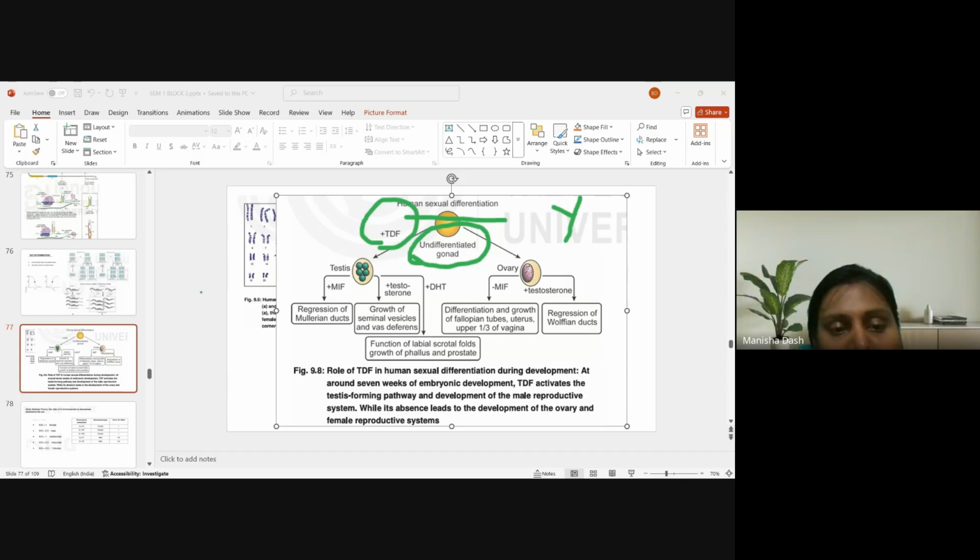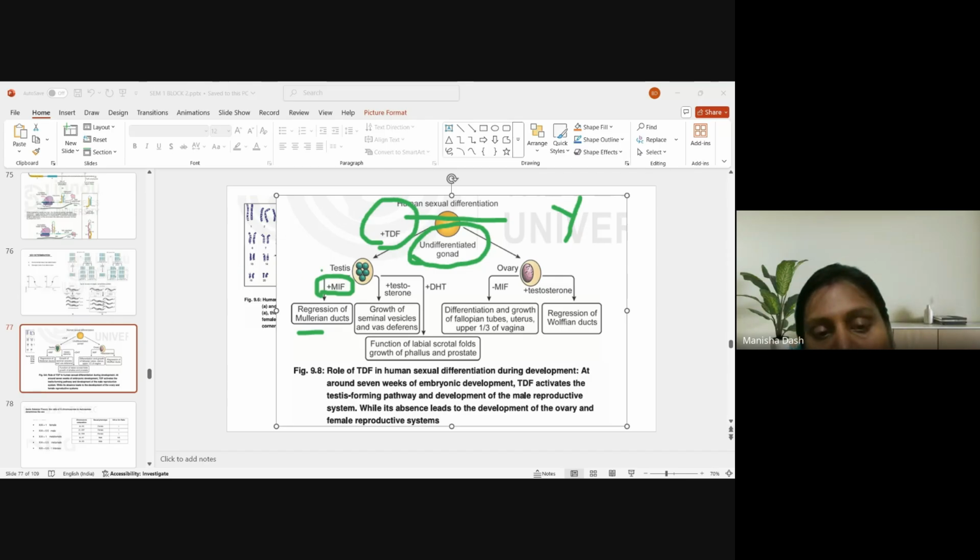As the testis develops, it releases testosterone that will develop the male reproductive organs, and it also releases Mullerian inhibitory factor, which will suppress the Mullerian duct. The Mullerian duct would give rise to the future oviduct or female reproductive parts.